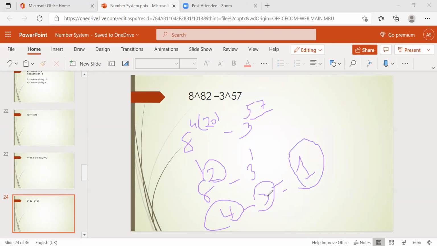So simple. The matter is very simple. If you can write the power number into 4 factors, 4 multiples, then we can easily find out that number. Right?